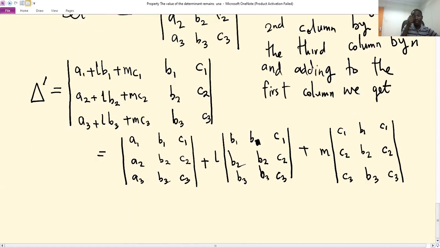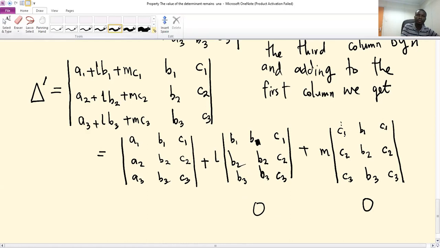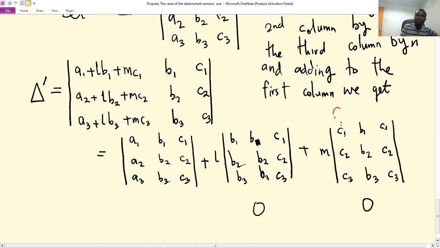And from what we have discussed before, this determinant is 0, and this other determinant is 0. This is 0 because the first column and second column are identical, and this one is 0 because we have C1, C2, C3 and C1, C2, C3, so column 1 equals column 3.